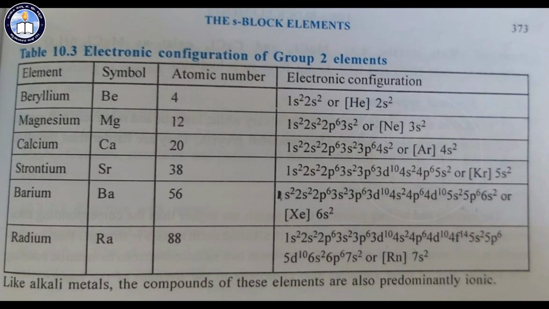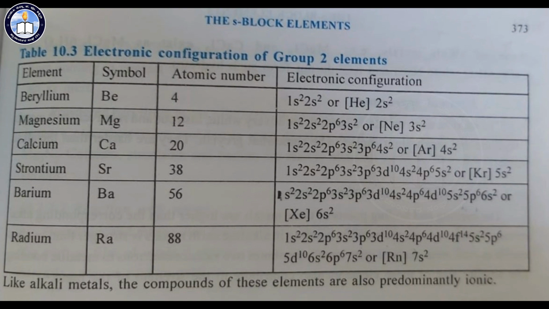Magnesium, atomic number 12, electronic configuration 1s2 2s2 2p6 3s2 or neon 3s2. Calcium, atomic number 20, its electronic configuration 1s2 2s2 2p6 3s2 3p6 4s2 or argon 4s2.